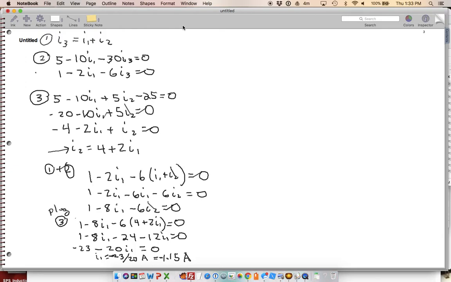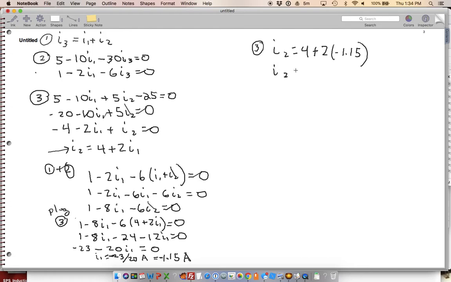So now we can plug our I1 into I2. We can use the equation from 3. I2 is equal to 4 minus 2 times I1, which is negative 1.15. Sorry, this should be plus. There we go.